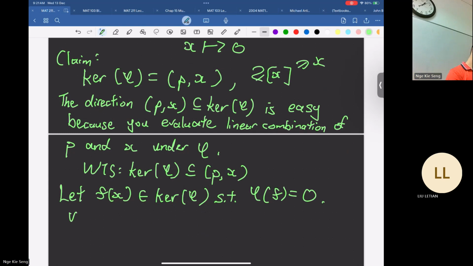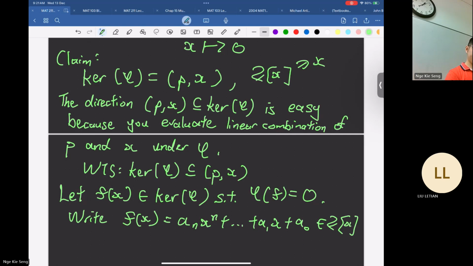And then we try to write f(x) as some polynomial, and phi of f is 0.